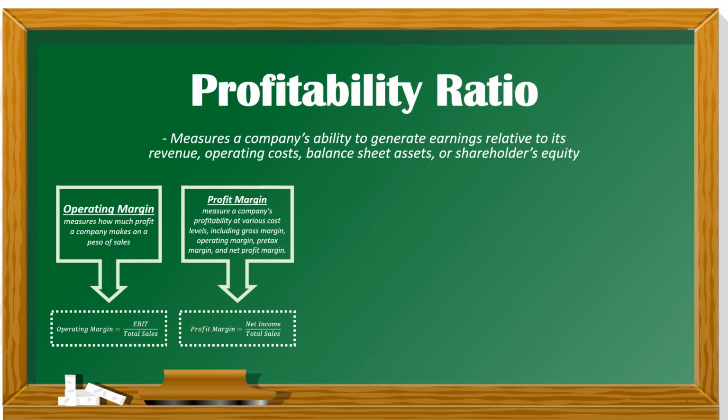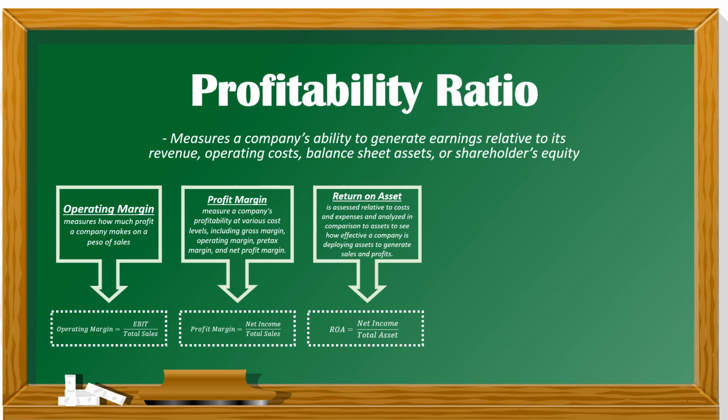Now, the difference between the net profit margin and the operating margin is that operating margin focuses only on the operating profit, while the net profit margin focuses on the net income. Next, we have the return on asset.